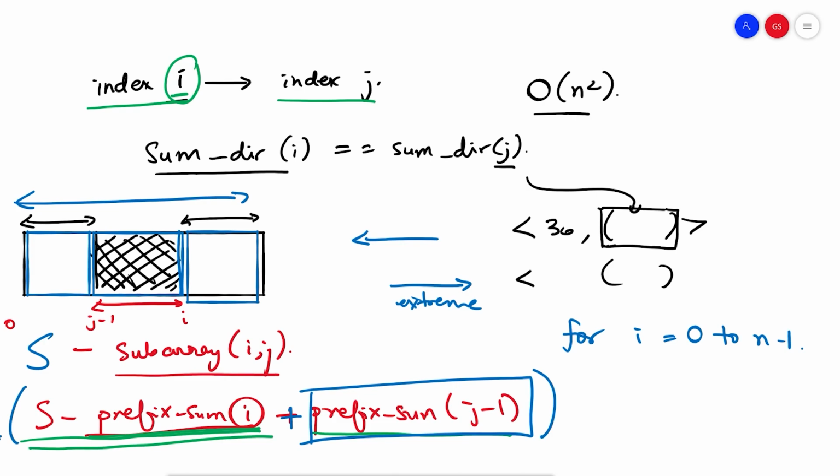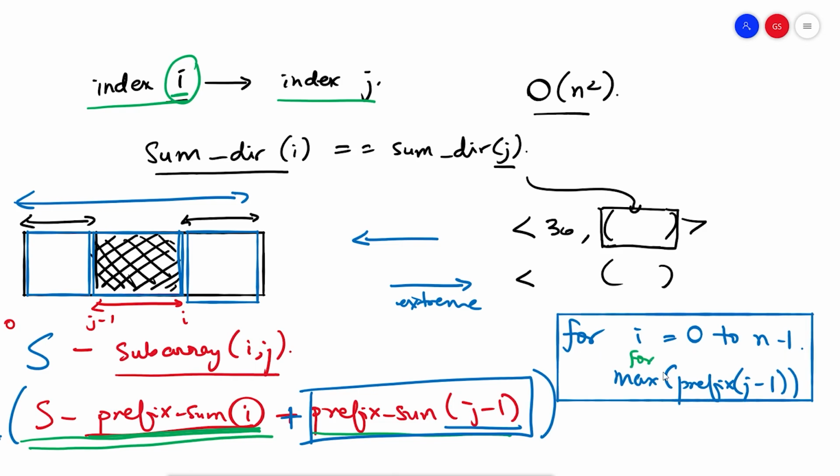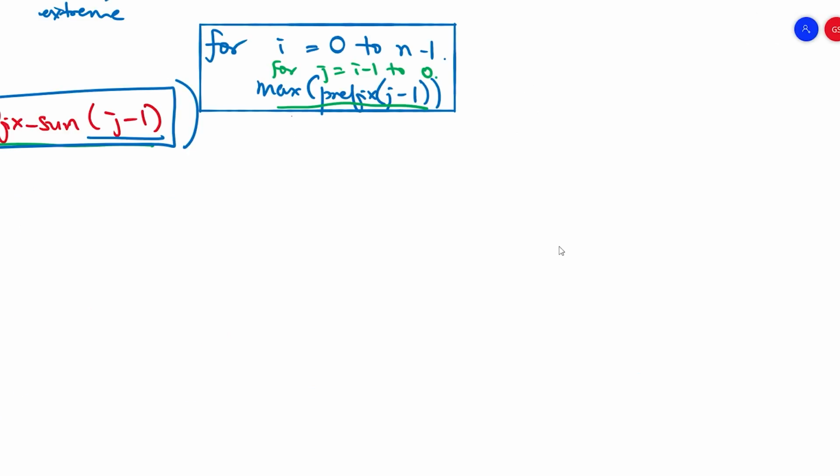So effectively what we are doing is we are just trying to maximize or minimize prefix of this part, j minus 1. That's what we are trying to do in this entire portion. In the inner for loop, where we go from j equal to I minus 1 to 0, we are just trying to maximize prefix of j minus 1.